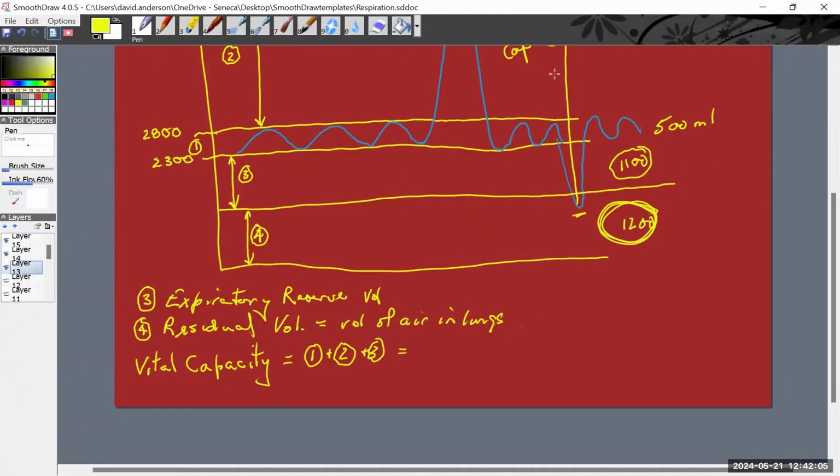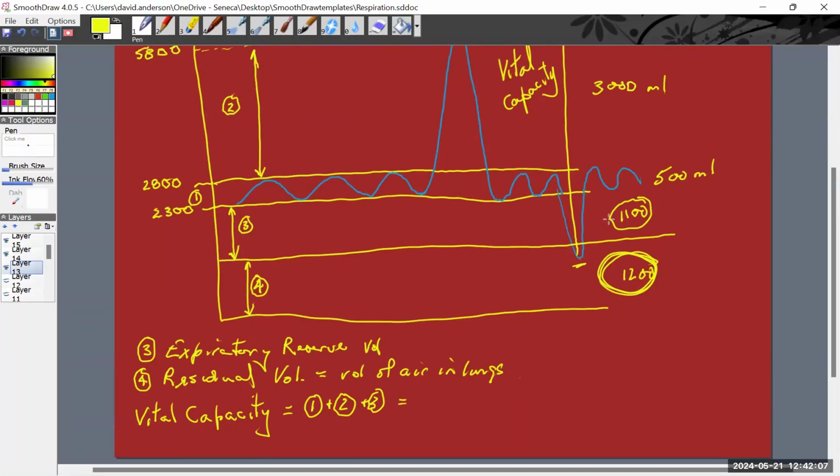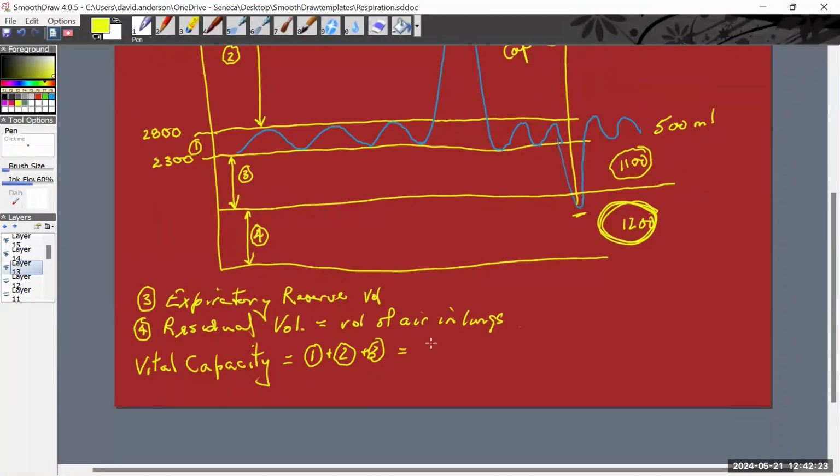And we can appreciate that if we add those numbers, 3,000 plus 500 plus 1,100, we're going to get 4,650. Or sorry, 4,600. And the significance of that is that when you go and get tested for how far you can breathe in and how far you can breathe out, it's going to be this vital capacity.